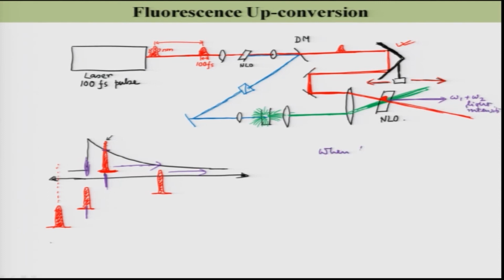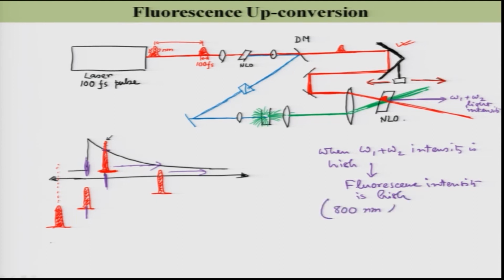When the omega 1 plus omega 2 intensity is high, I can simply say the fluorescence intensity is high, provided that the 800 nanometer laser light intensity remains the same. There is no fluctuation on that.